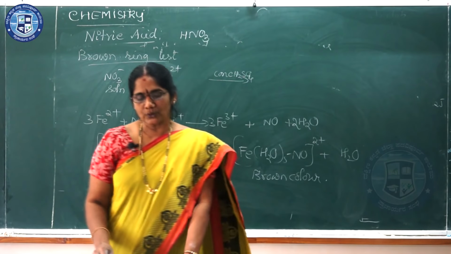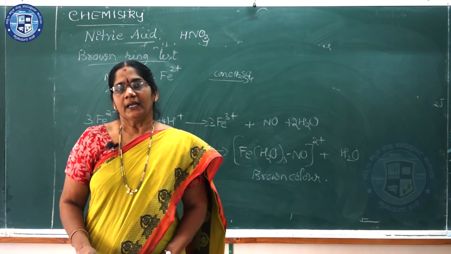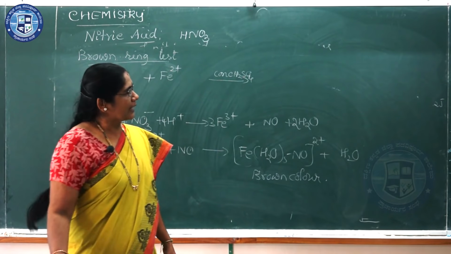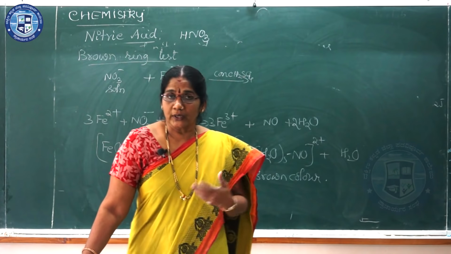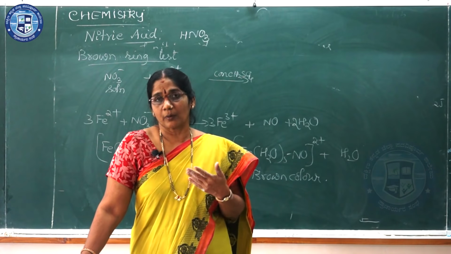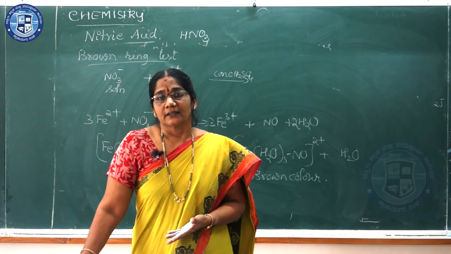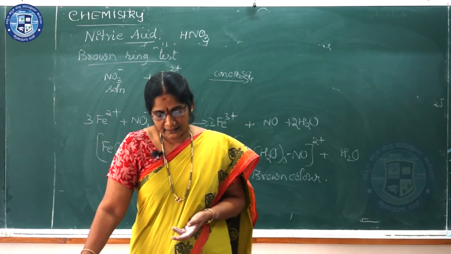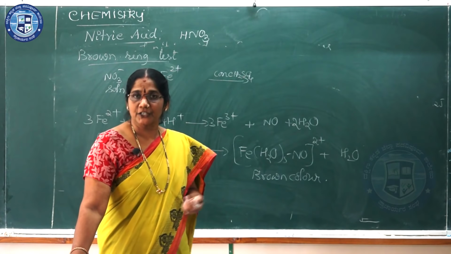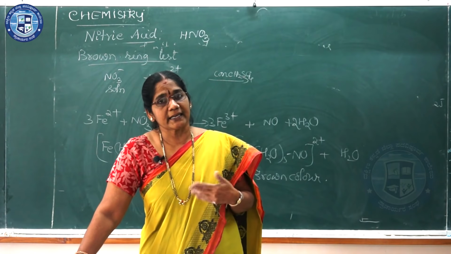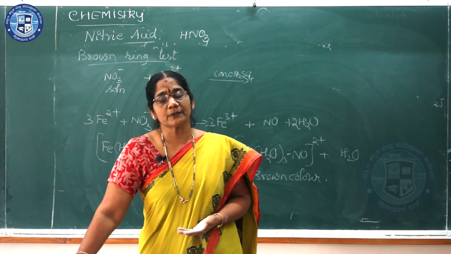Then what are the uses of nitric acid? Nitric acid is used in the manufacture of urea, ammonium nitrate, superphosphate of lime, all these fertilizers. Nitric acid is used in the preparation of TNT, trinitrotoluene, or TNG, which are used as explosives.